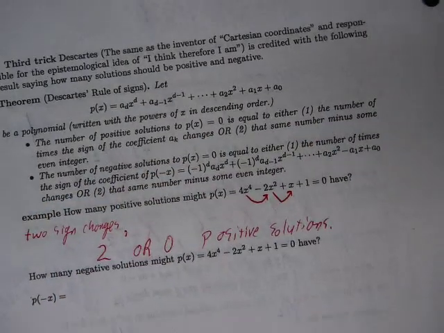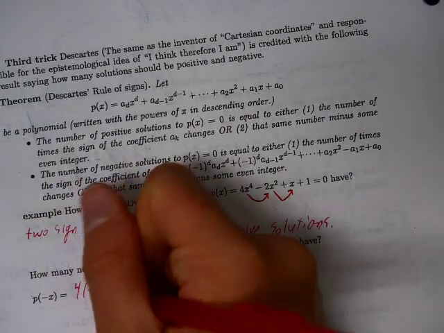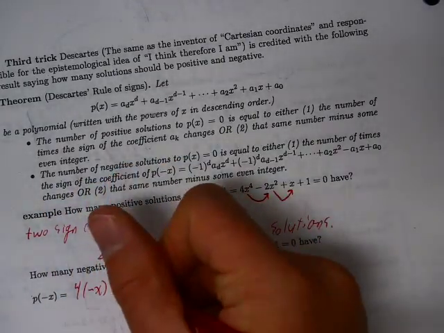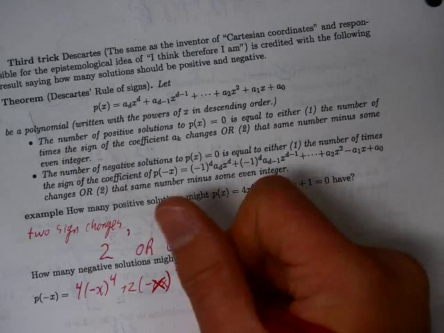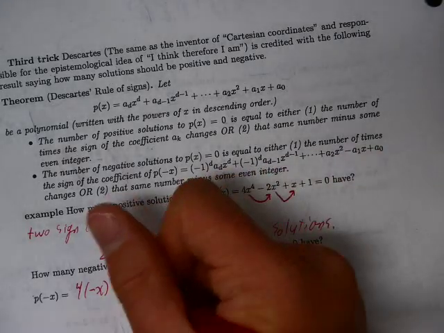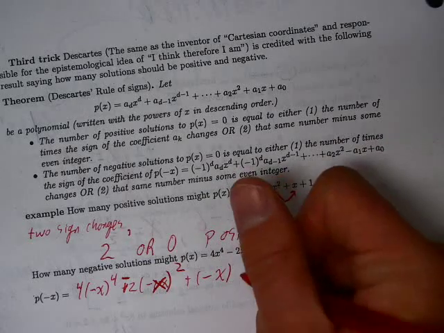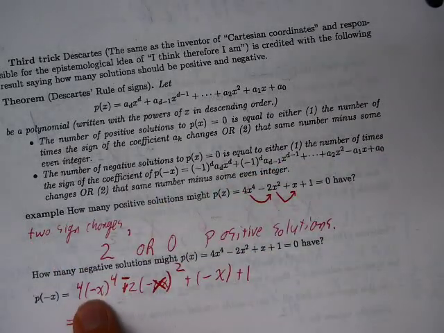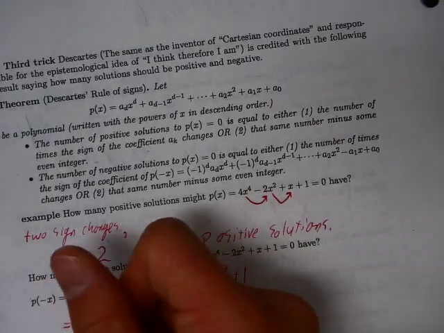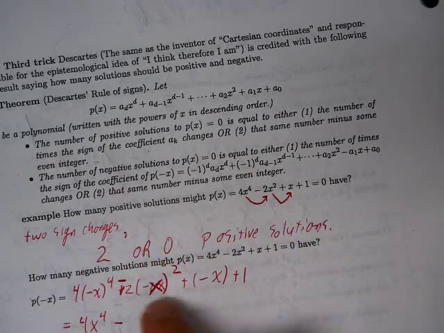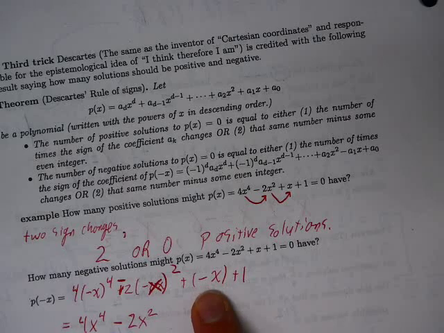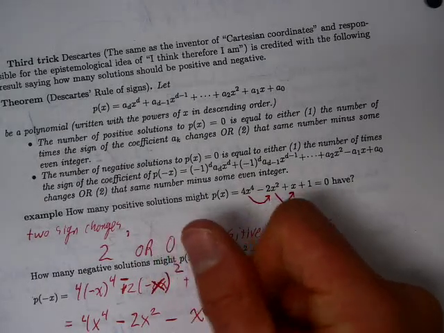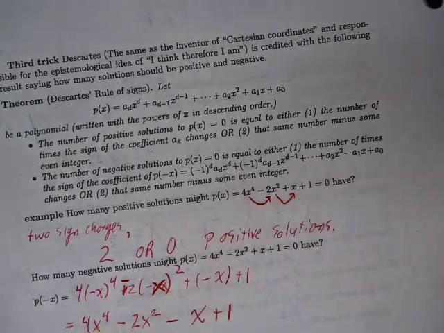I'll do it in maybe more steps than you would: 4 times negative x to the 4th plus 2 times negative x squared plus negative x, plus 1. Now we expand. Does a negative sign matter inside a power of 4? No. So that gives 4x to the 4th minus 2x squared. That negative sign does matter: minus x plus 1.